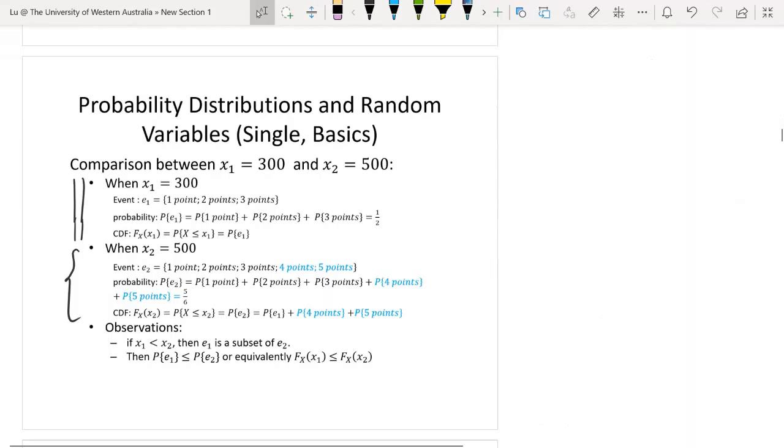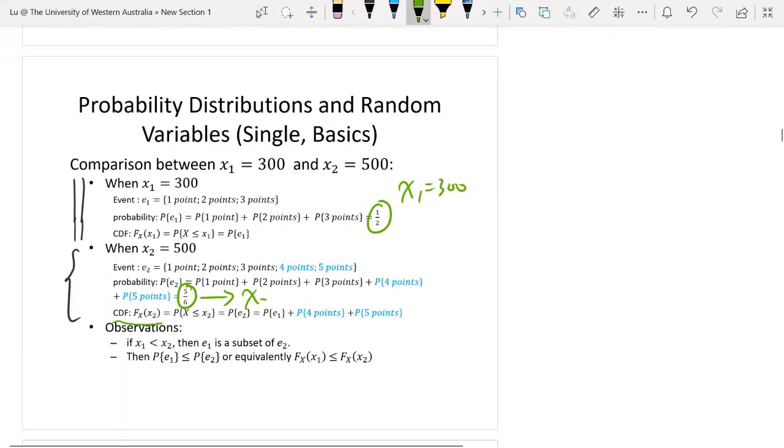And the probability of this new event E2 will be equal to the summation of the probabilities of all 5 outcomes, which equals 5/6. So in other words, the CDF function for the x2 equal to 500 case should be equal to 5/6. If you compare these 2 values, when the x1 equals 300, our CDF function value is 1/2.